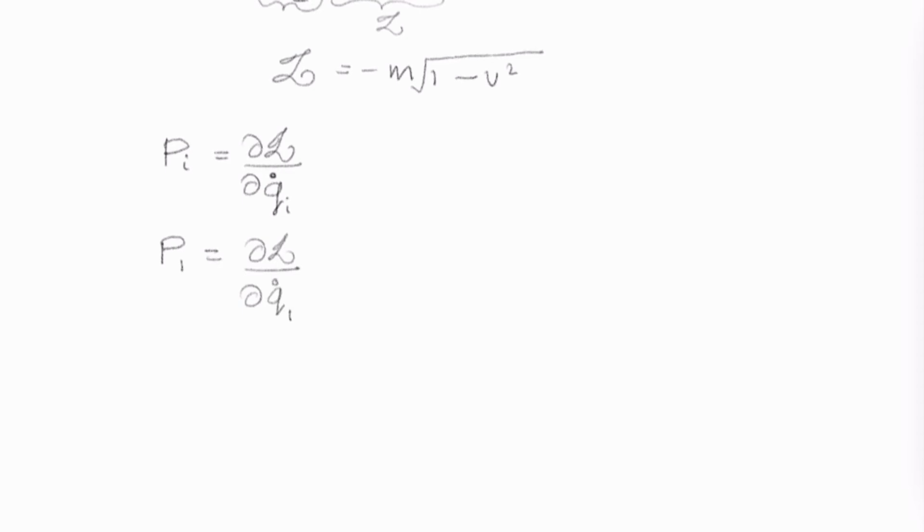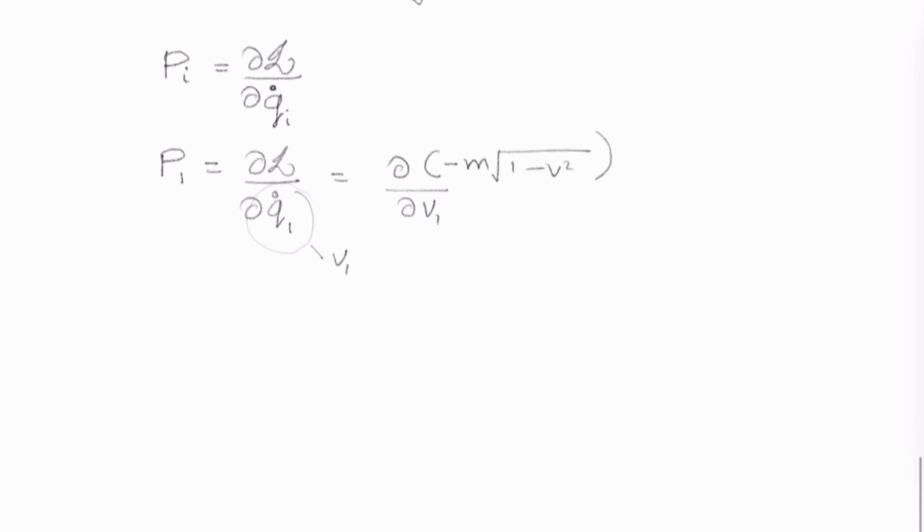This can be written as the partial derivative of the Lagrangian, which is minus m times square root of 1 minus v squared, over what is dq_1 dot. It is dv_1. So differentiation of the Lagrangian with respect to v_1.